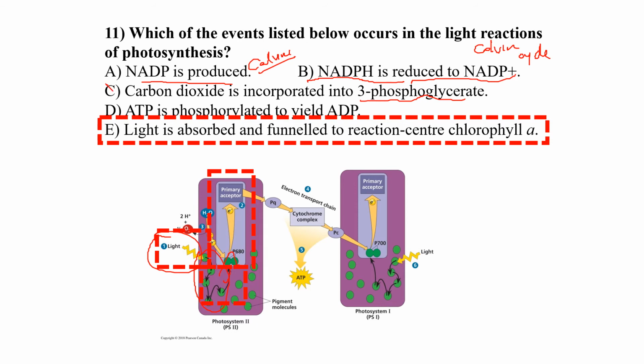So this is wrong because this also happens in the Calvin cycle. And ATP is phosphorylated to yield ADP. This is wrong. Actually, it's ADP that is phosphorylated. So all these ones are wrong. The only answer is E.